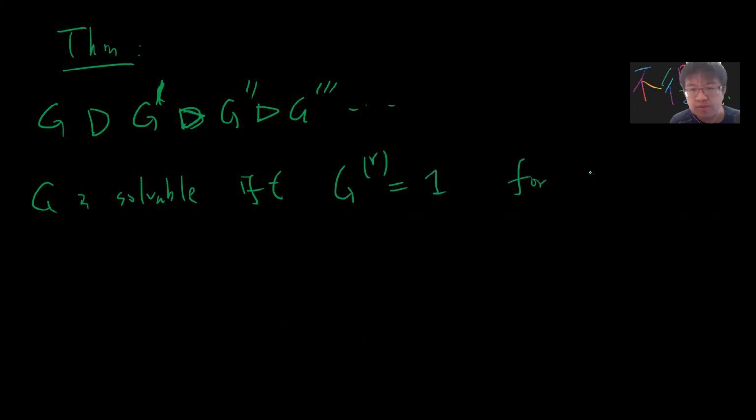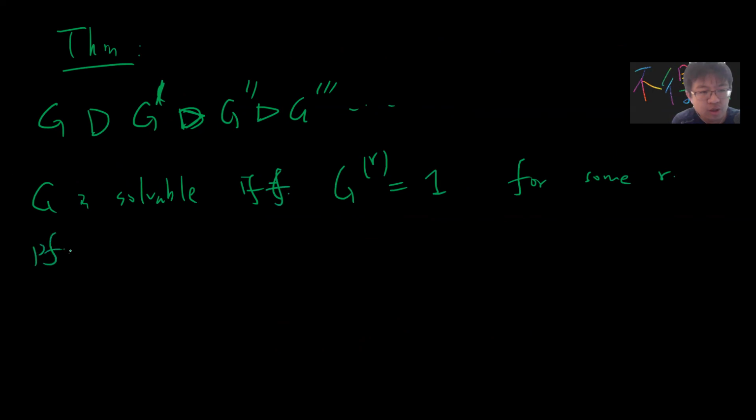You can construct another series from G to the normal subgroup G prime, and then G double prime, which are all commutator groups. The theorem says that G is solvable if and only if G to the r, taking the commutator r times, is 1 for some r.